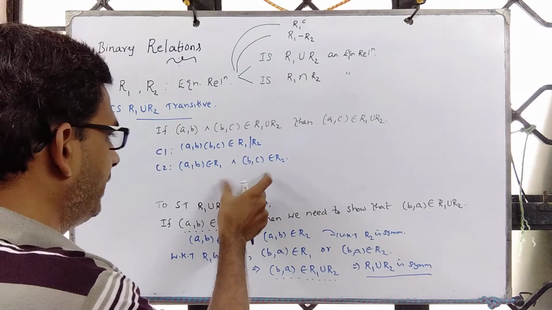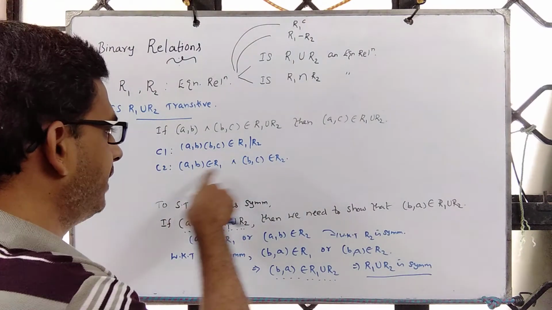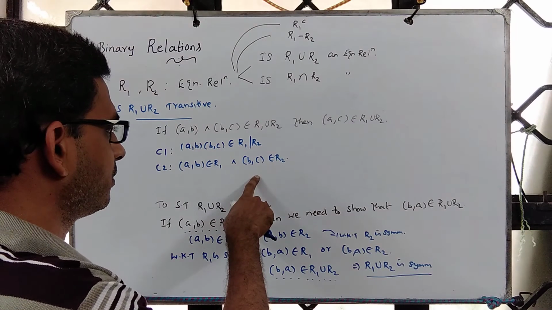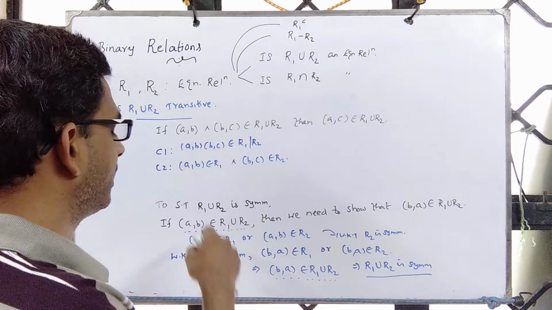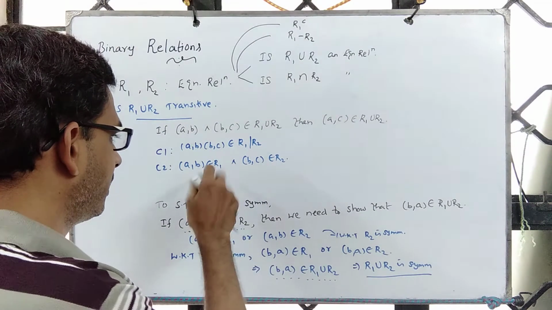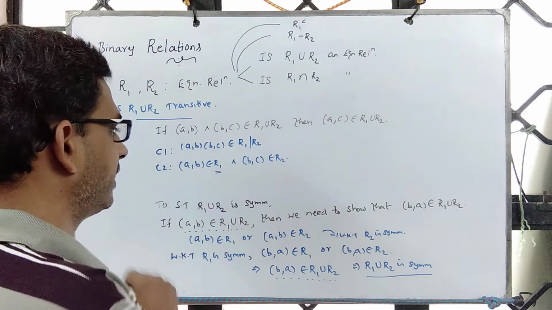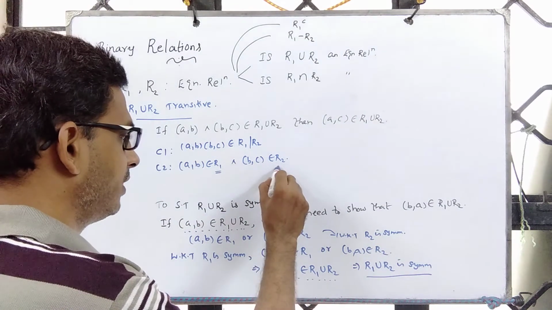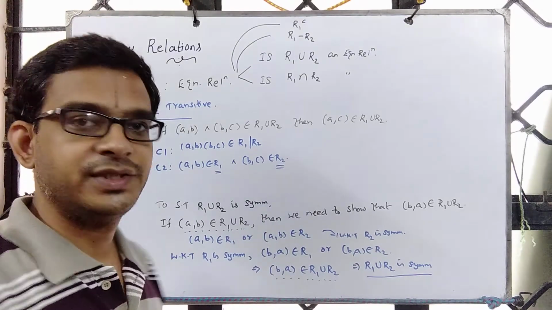But when you take the union, you see that (a, b) and (b, c) both are there, but we will not get (a, c) either by using the fact that R1 is transitive or R2 is transitive.